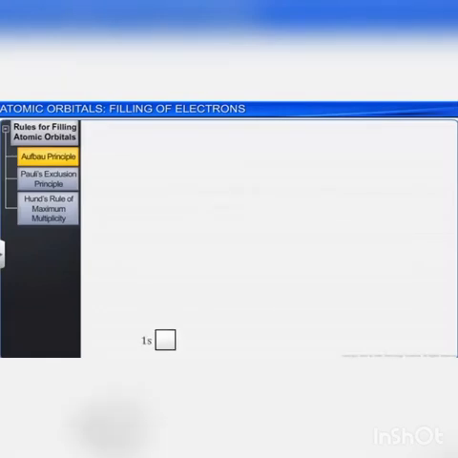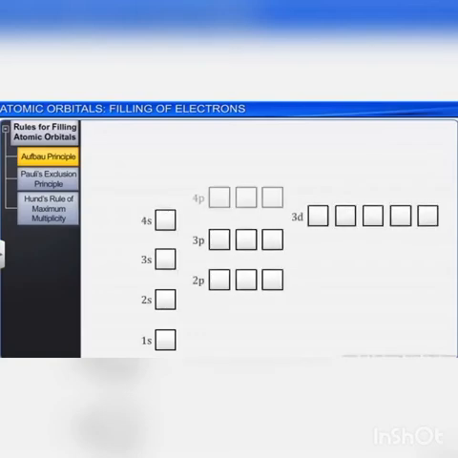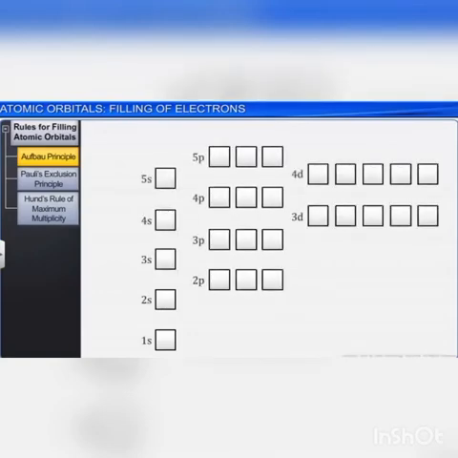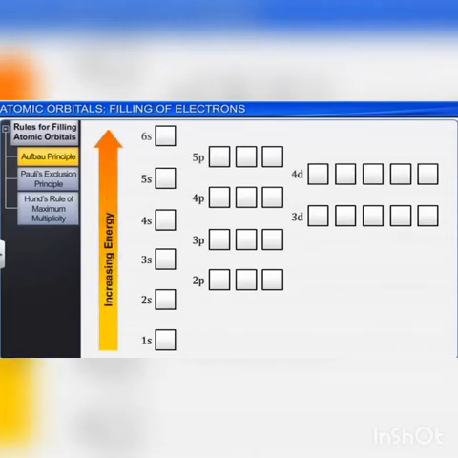Here, building up refers to the sequence in which the electrons enter into various atomic orbitals. This principle states that, in the ground state of the atoms, the orbitals are filled in the order of their increasing energies. This means that electrons first occupy the lowest energy orbitals available to them, and then enter into the higher energy orbitals successively.